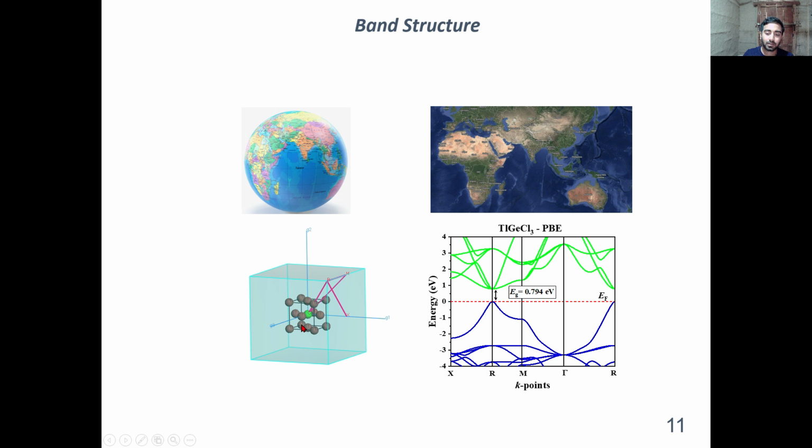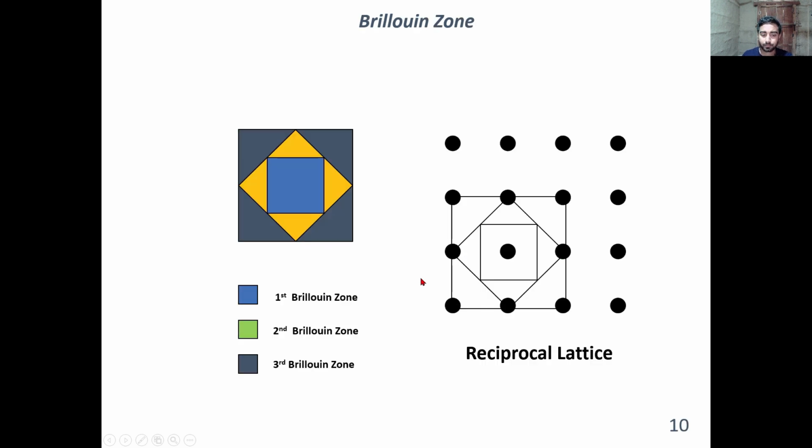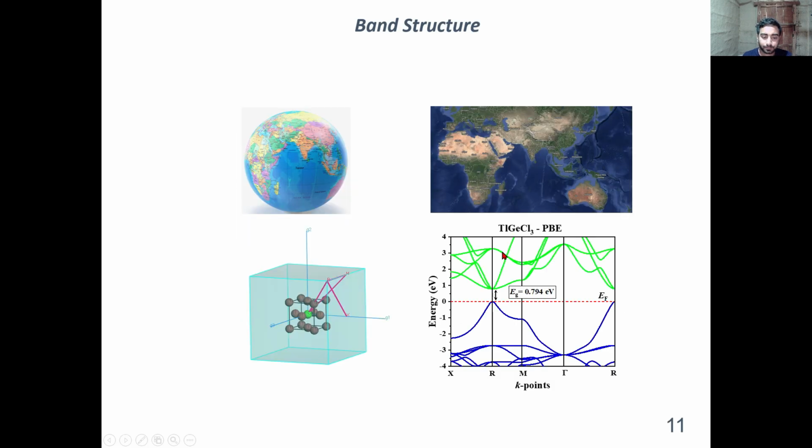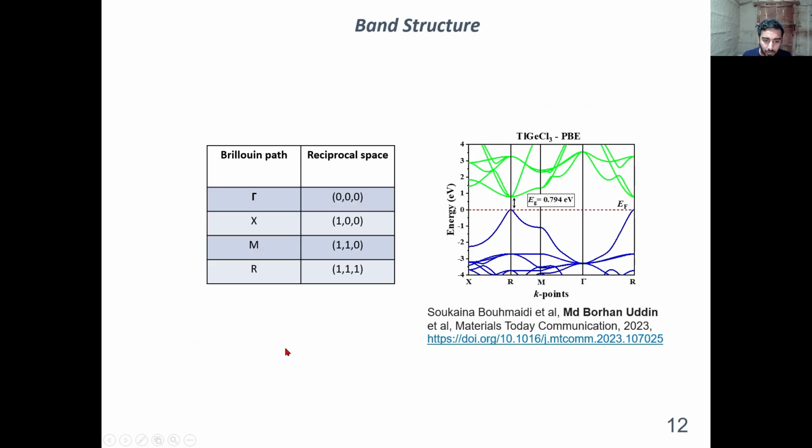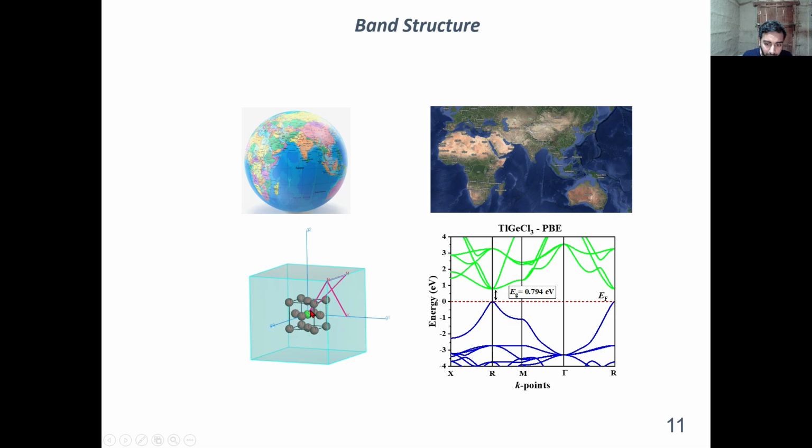In the band structure reciprocal lattice, we first consider this point. This is the origin of the Brillouin zone, and this is termed the gamma point. This is 0 0 0, the gamma point.